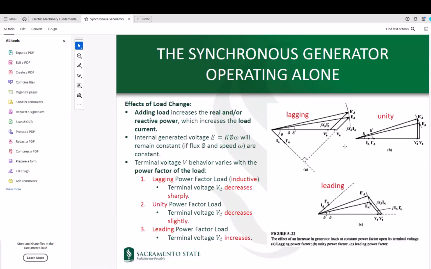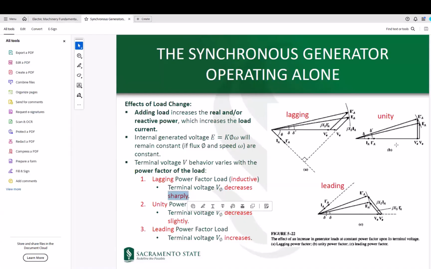So this is what happens when the nature of your load is RL, a combination of resistance and inductance: as the current in the machine increases, you get a voltage drop in the terminal voltage.